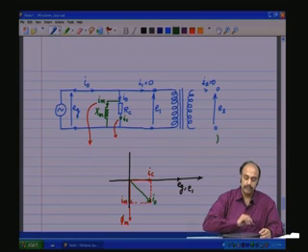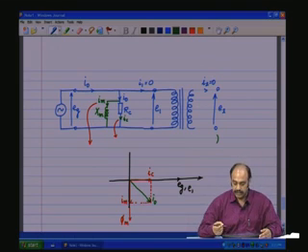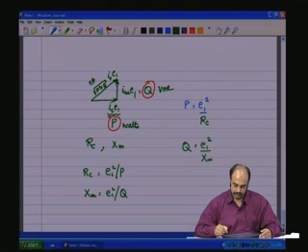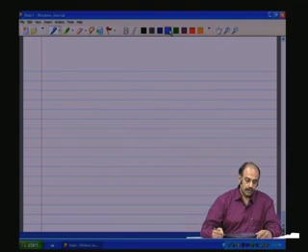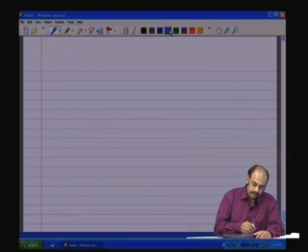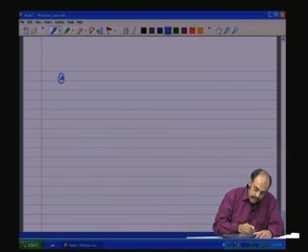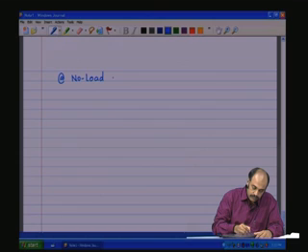One is the loss component Rc and another is the magnetizing component Xm, which is basically an inductance Lm. So, let us say we have a transformer, and at no load it draws a current I naught which is equal to 5 amps.